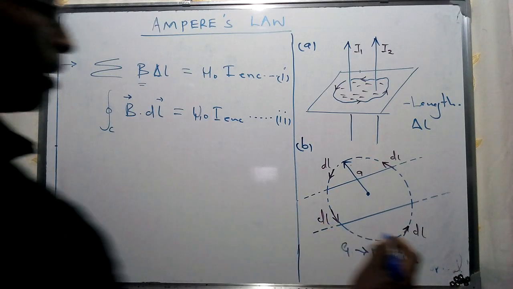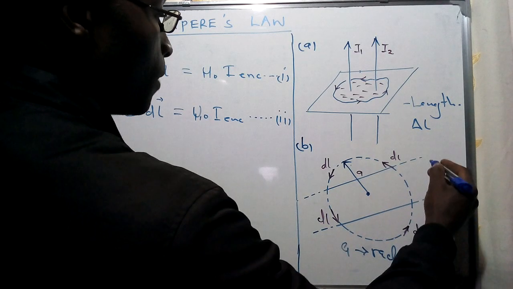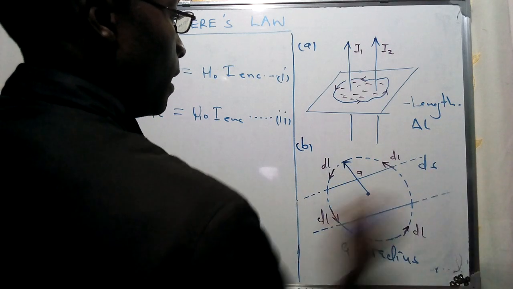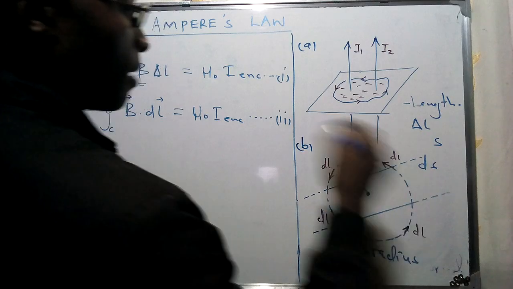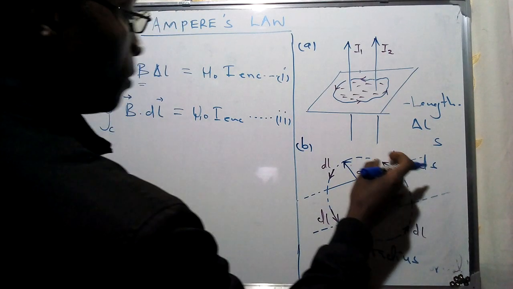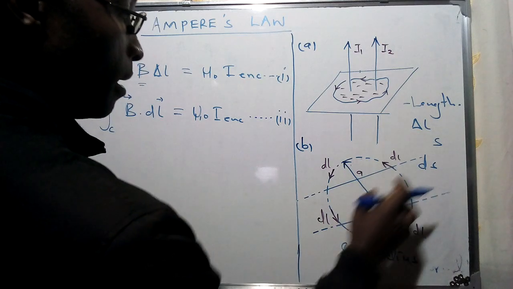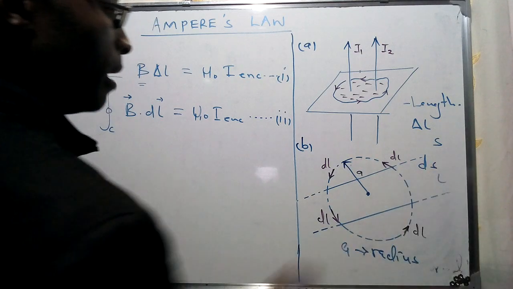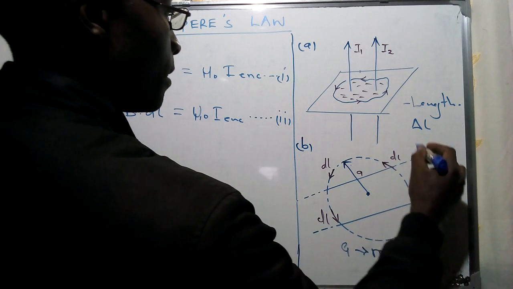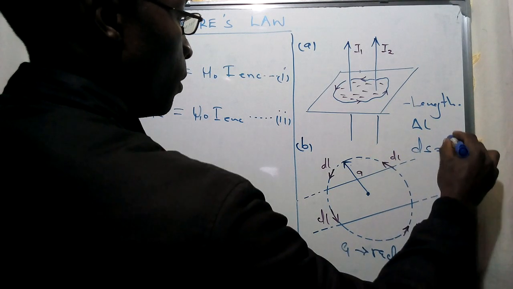So remember from my last discussion, I had given this section of the arbitrary loop in terms of ds, assuming that s was the distance around that loop. So we're going to add up all these elements forming the length L. Now in this case, I'm going to consider my ds equivalent to dl.